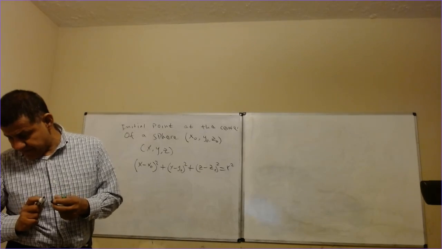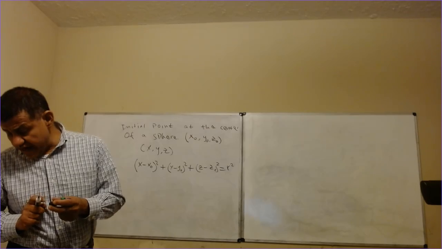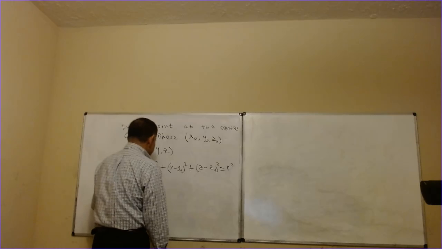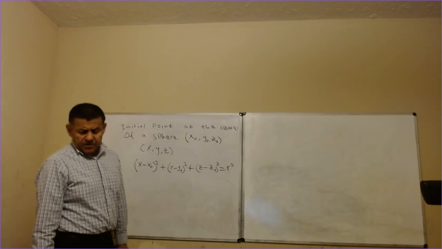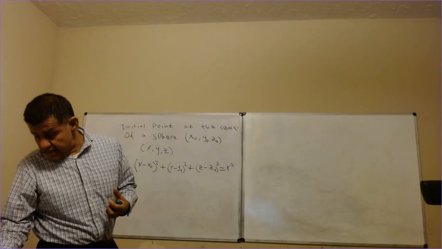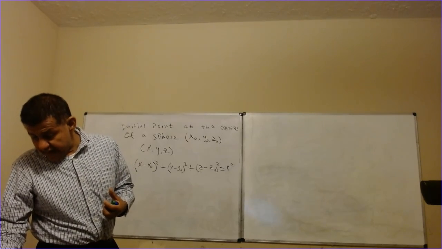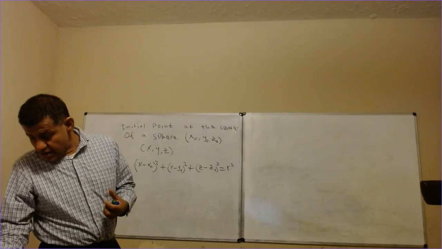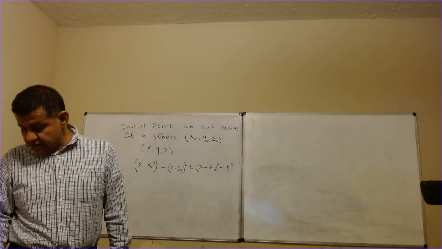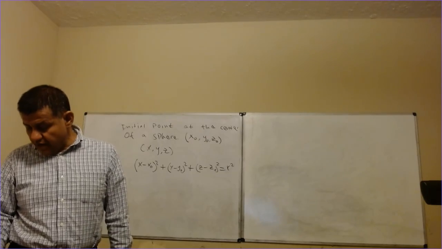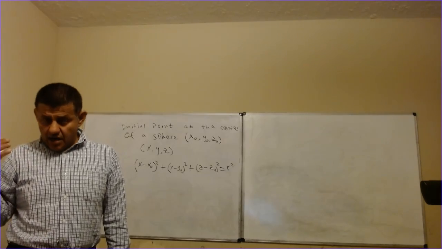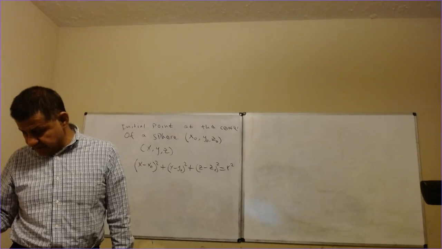Now, what if I want to find the midpoint segment of that? The midpoint segment is simply combining x1 plus x2, y1 plus y2, z1 plus z2, and so forth, dividing each of those pieces by two.